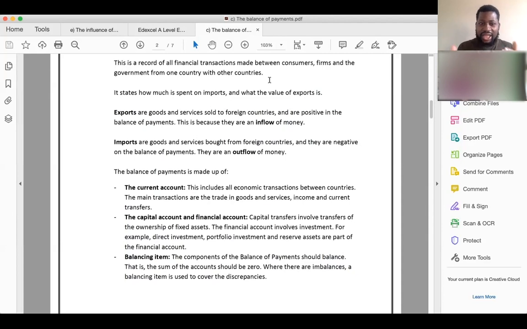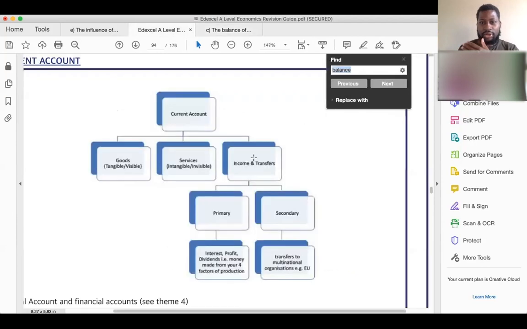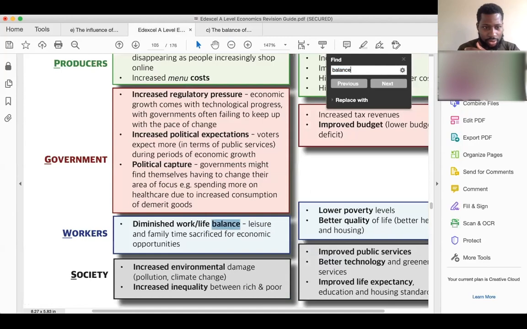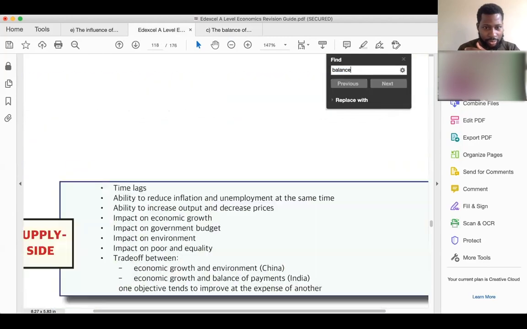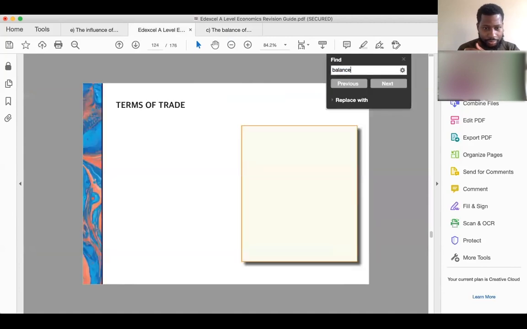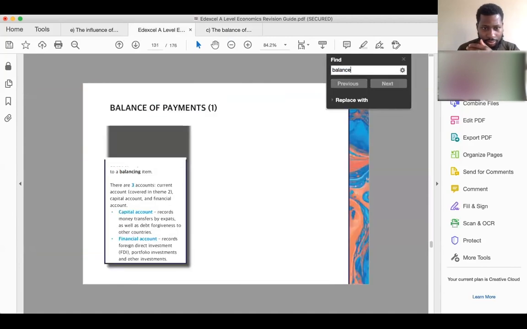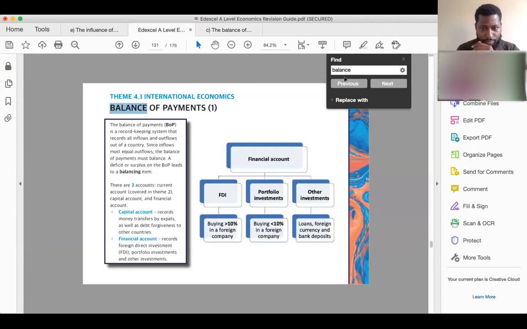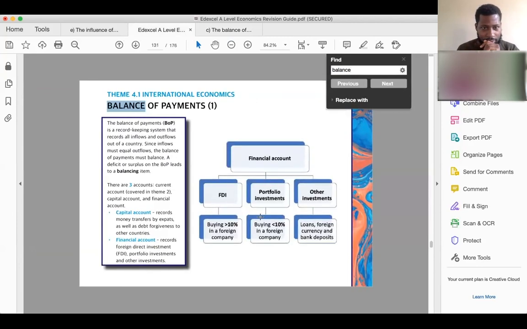And if it's less than 10%, it goes on the financial account. I will show you a quick mind map. Okay, let's look at it.